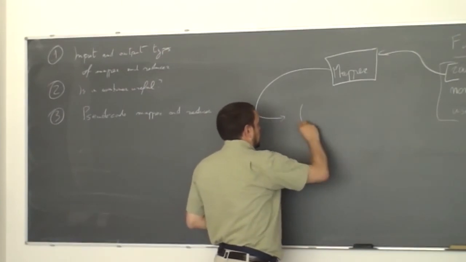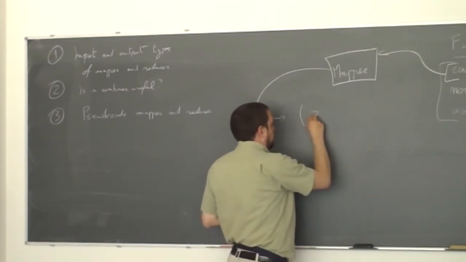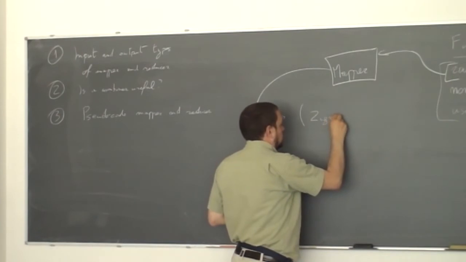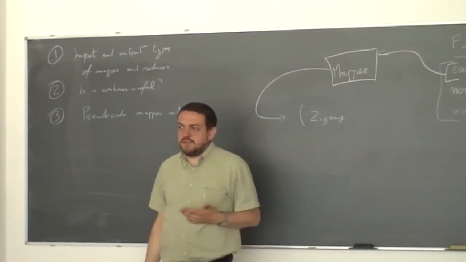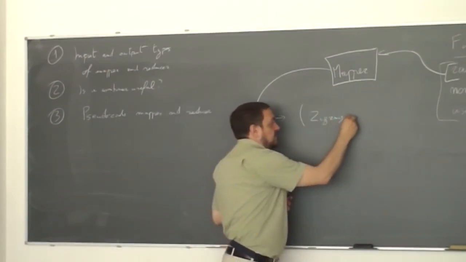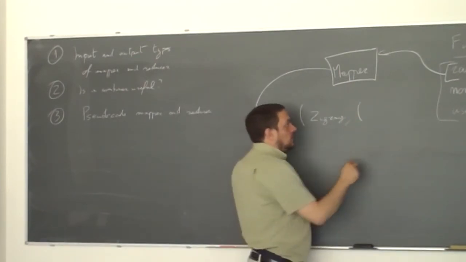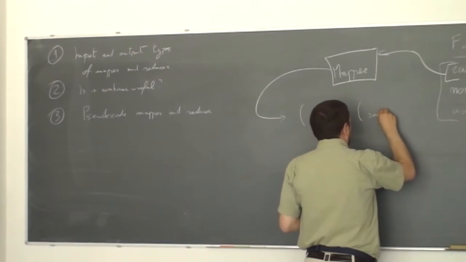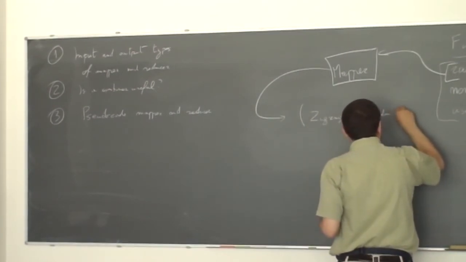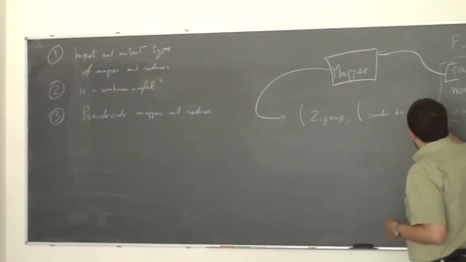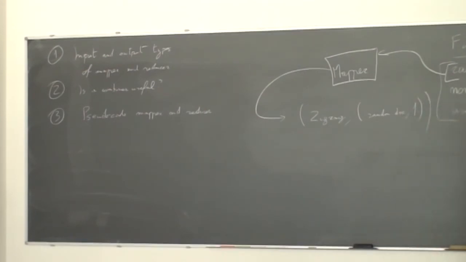These key value pairs will have, first, as a key, the term, and second, as a value, the document and the position within the document.